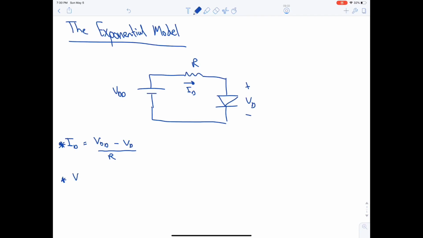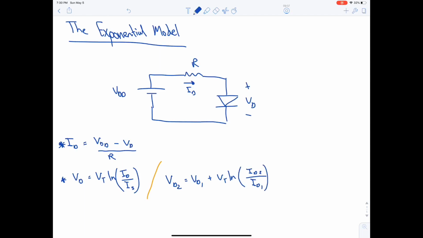It's VD equal to VT ln ID over IS, or VD2 equal to VD1 plus VT ln ID2 over ID1.